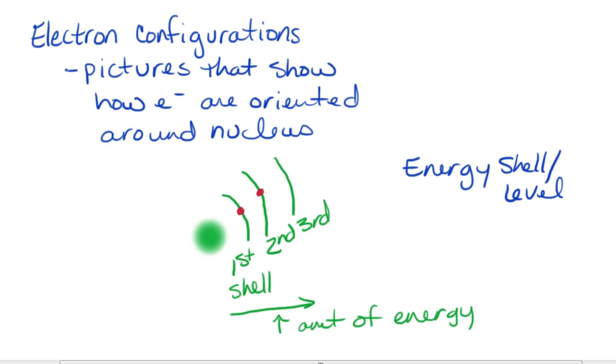And both of those would have less energy than an electron that happens to be located even farther out than that. So when we talk about electron configurations and we start to draw them, we will be placing the electrons at specific distances from the nucleus, or in other words, we will be placing them in different energy shells.